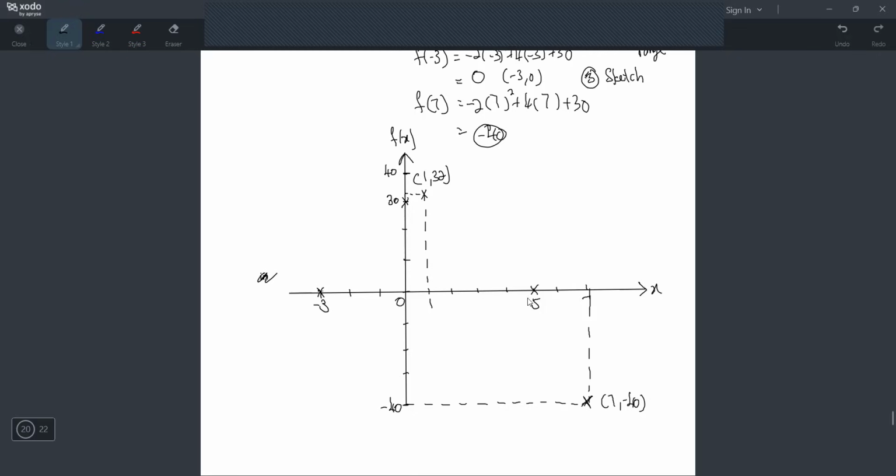Okay, now I think you just join all these points. So let's draw it. Remember, this is the maximum point. Okay, let me draw nicely.